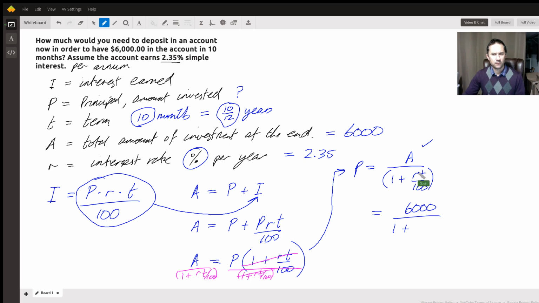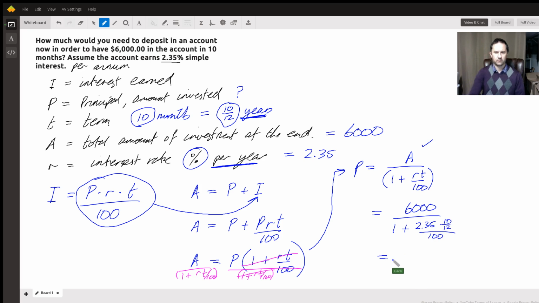Since R is per year, we really should use term in years. If you've got interest rate per year, the term has to be in years, otherwise it won't be compatible. So that means 2.35 for R times 10/12 divided by 100.